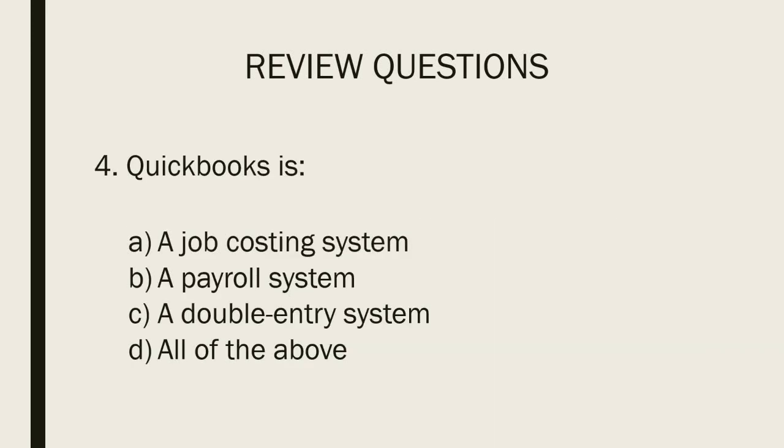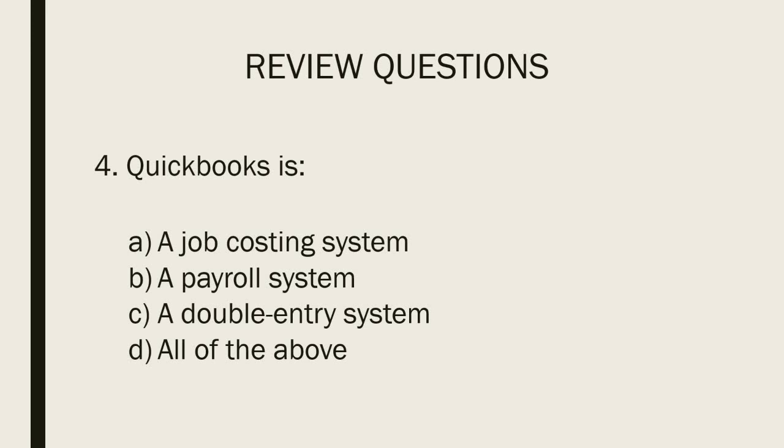Okay. Number 4, QuickBooks is all of the above. Yes, it is a job costing system, right? We'll talk about job costing in chapter 2 and more in chapter 9. It's a payroll system that is dealing with chapters 10 and 11. And then lastly, C, a double entry system.